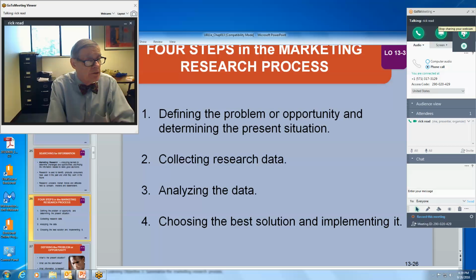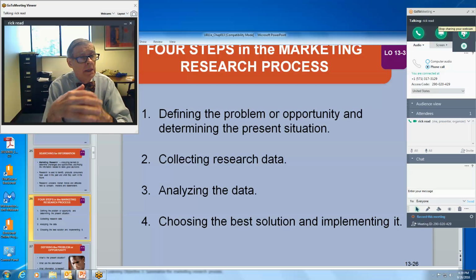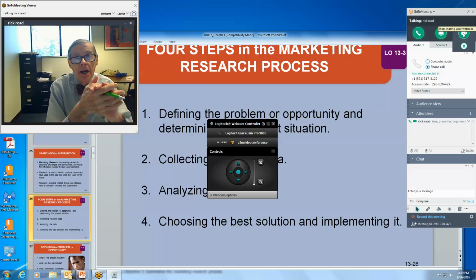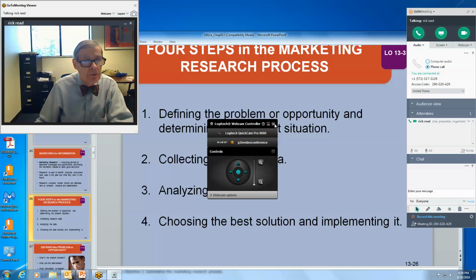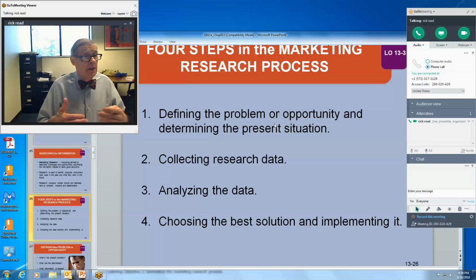So notice what the first thing here says, the four steps in the marketing process, is called defining the problem. I like to say it's not always a problem, it can be an issue. A lot of times problem sounds negative, and that's why I like to change that around a little bit. And you have to figure out where you are today. And that will help you understand if you can meet the issue and solve the issue that's being presented.